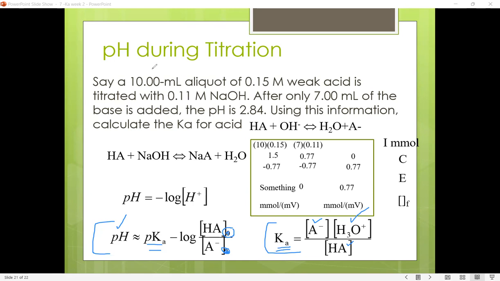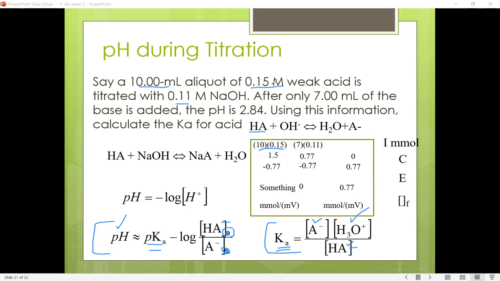In the beginning, before we add any base, it's all just the HA, right? And then as we start to add some base, let's see what happens. So we have some HA, and in the course of the titration, we know the volume and the concentration. So just like we did before, we can find how many millimoles, all right?